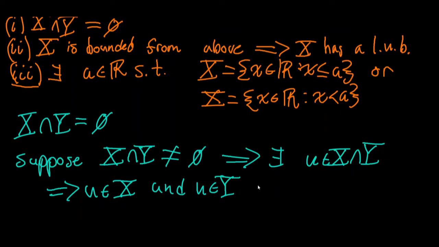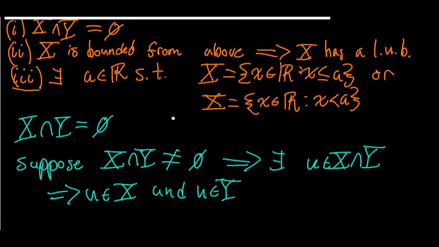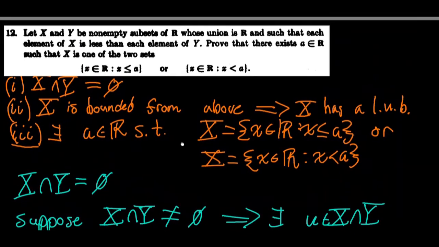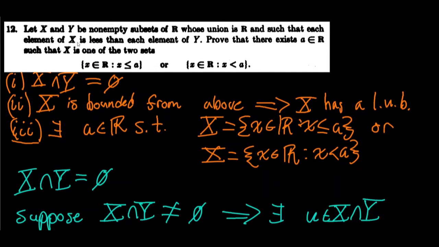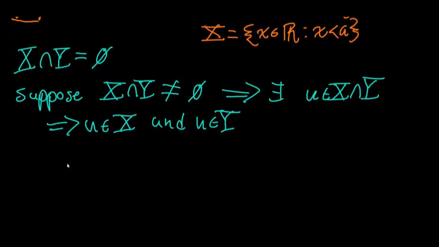Well, if u is in X and u is in Y, then check this out. We know that each element of X is less than each element of Y. That's important: they didn't say less than or equal to, they said less than, which means strictly less than.